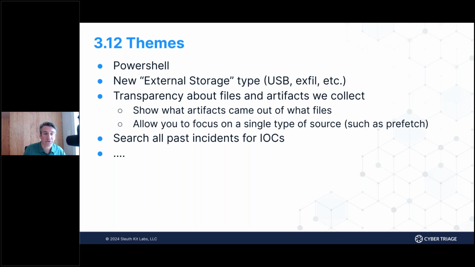You can plug it in this new search box, and it will search those past incidents and let you know that you saw it 3 weeks ago, or whatever, as part of an incident. That may trigger you to reload that incident and reinvestigate it or put some new context into that incident.